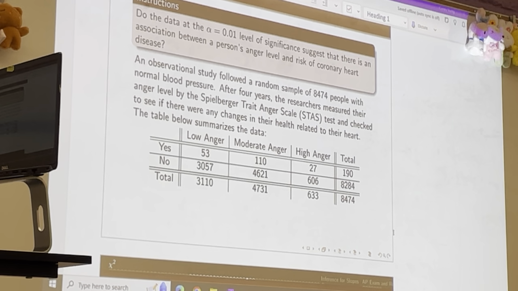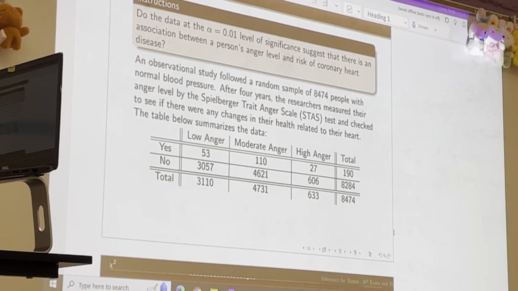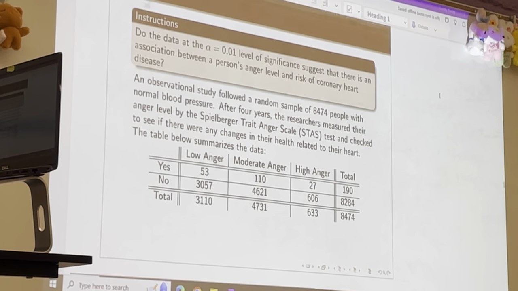If you get a test or a FRQ like this on the AP test, they have to give you the data, where the data right here is summarized in a table. So for means and proportions, they don't normally do that, but for chi-square, they kind of have to. Okay, so just be aware of that.